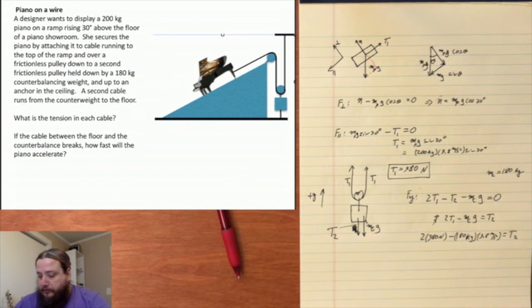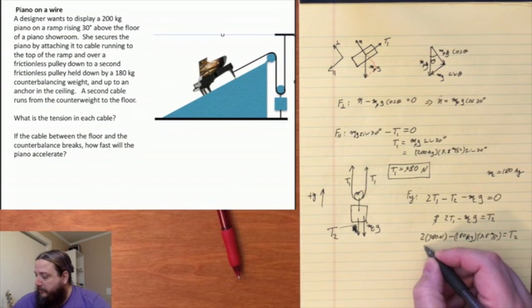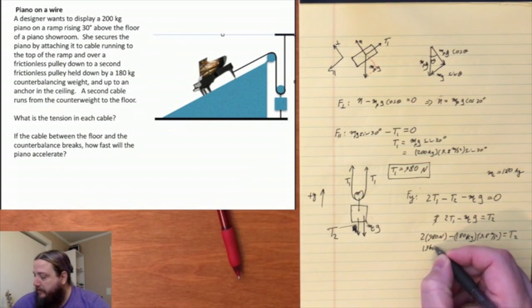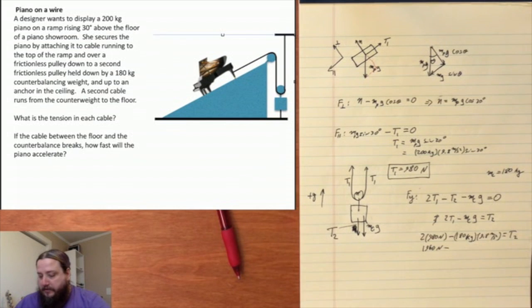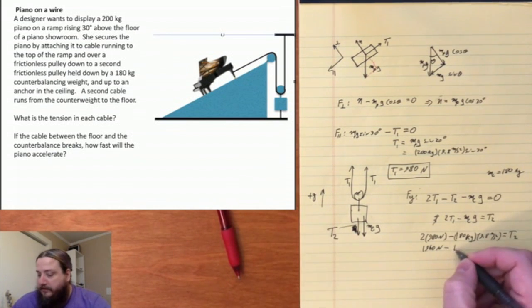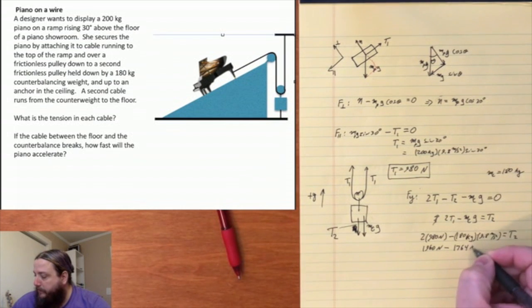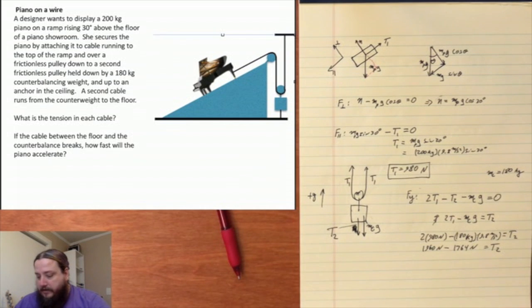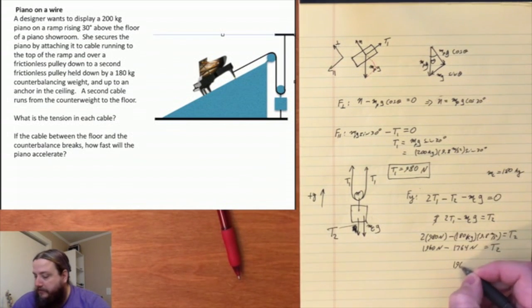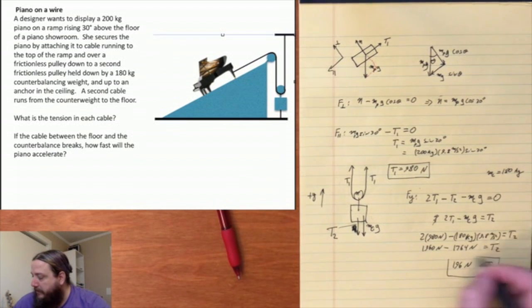So 2 times 980 is 1960 newtons, minus 9.8 times 180, which is 1764 newtons. And 1960 minus 1764 is 196 newtons, the tension in cable 2.